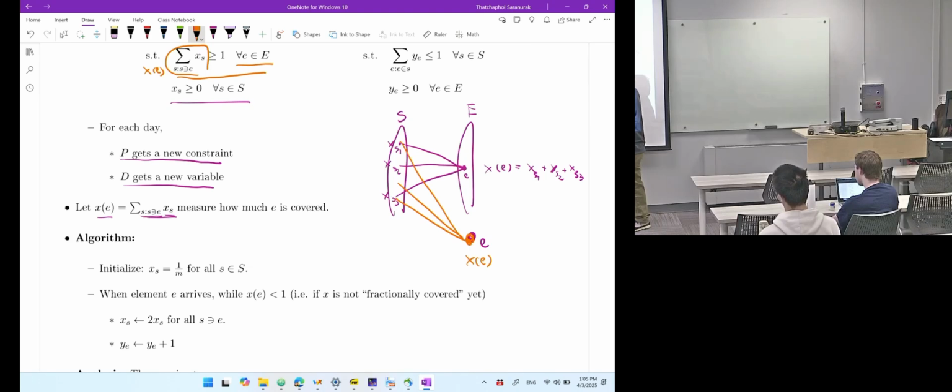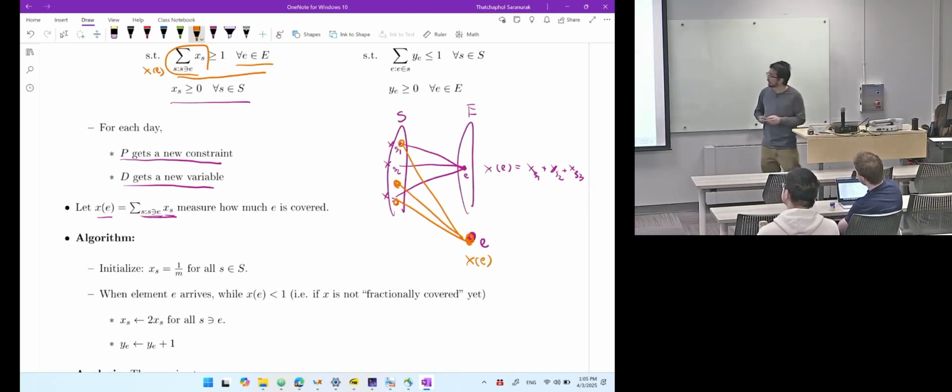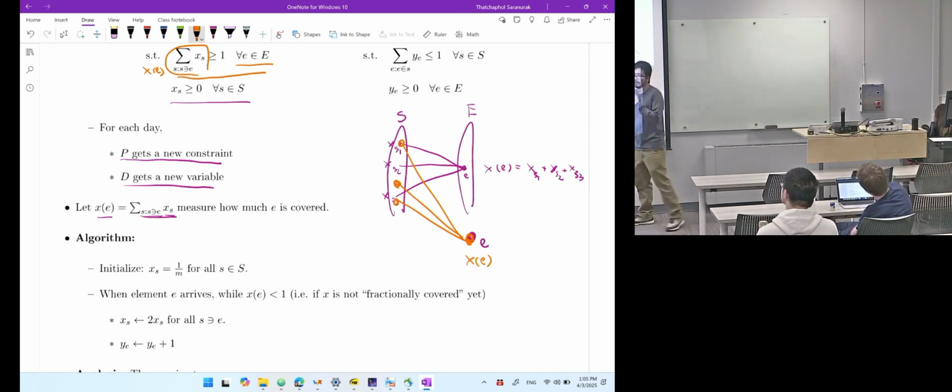I'm just gonna look at all the sets that contain E, maybe 3 sets, the orange sets that contain E. And then I'm gonna double the value of all these X_S. And then I just set Y_E to be 1 plus 1.